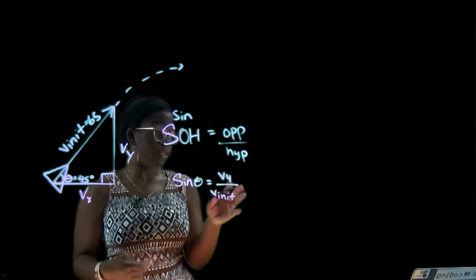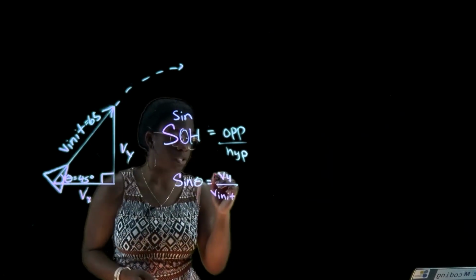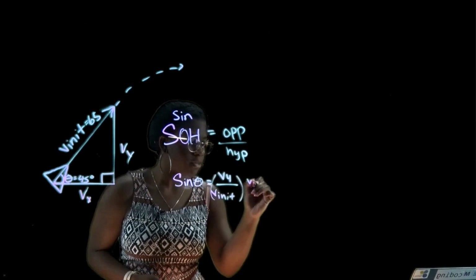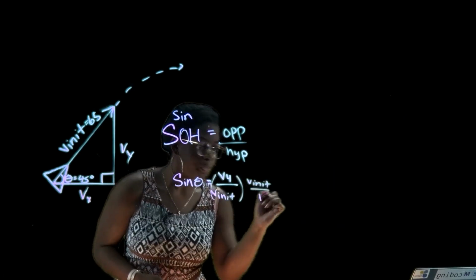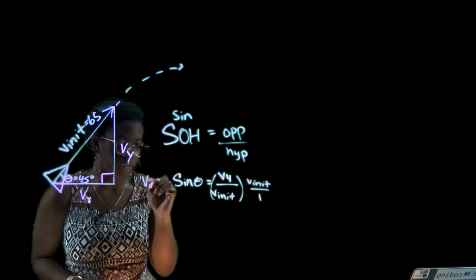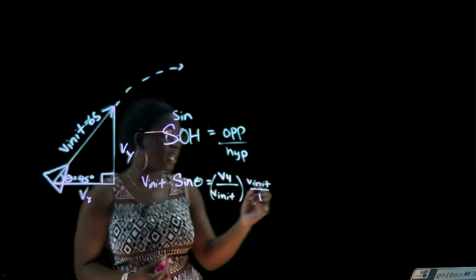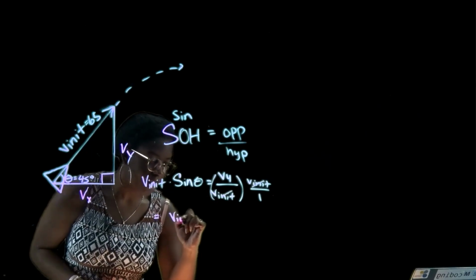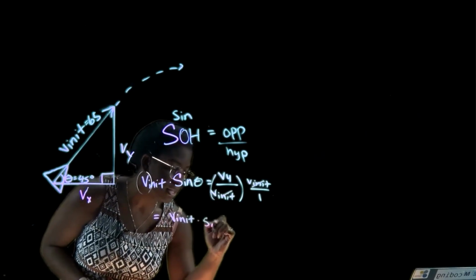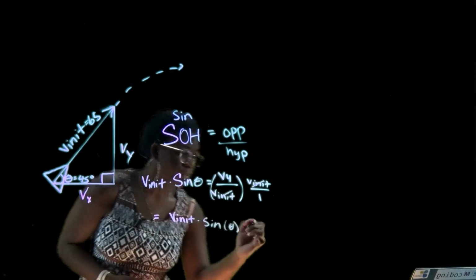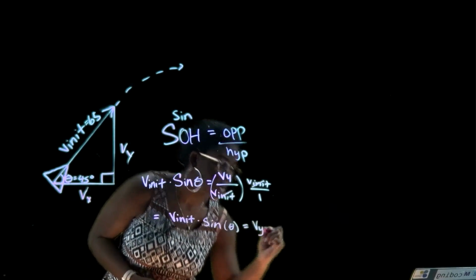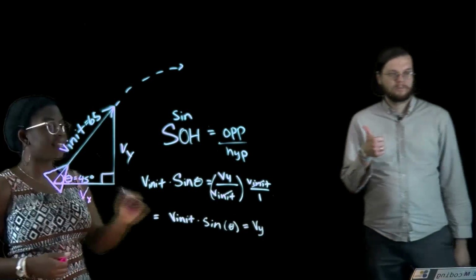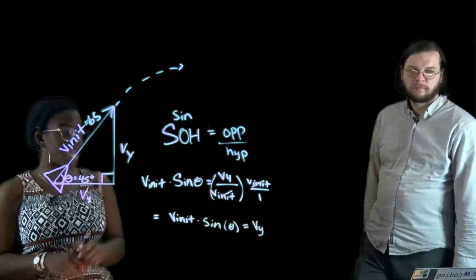Here we're only worried about the Vy, which means we're going to multiply both sides by V initial. Once we do that, they cancel out, and we're left with V initial times sine of theta equals our Vy. And then that goes into our equation just like how the Vx did.